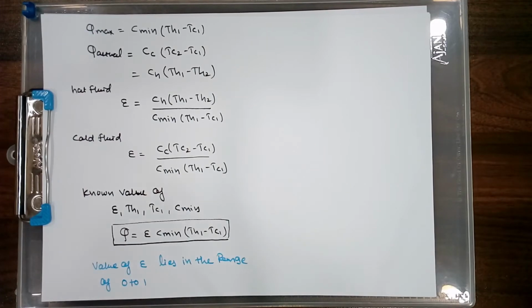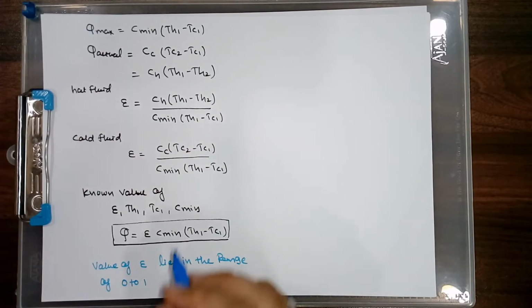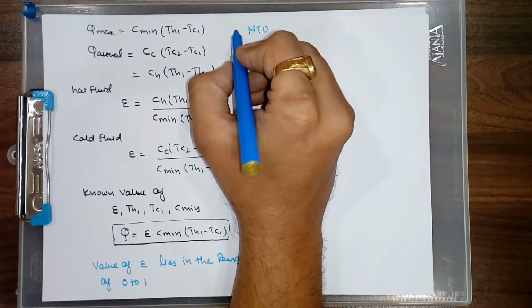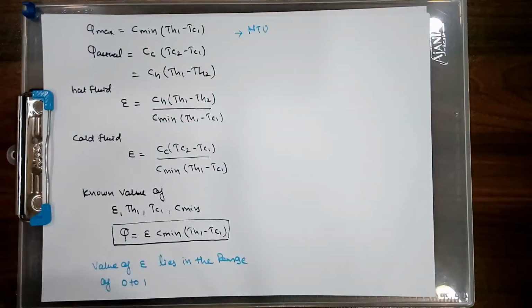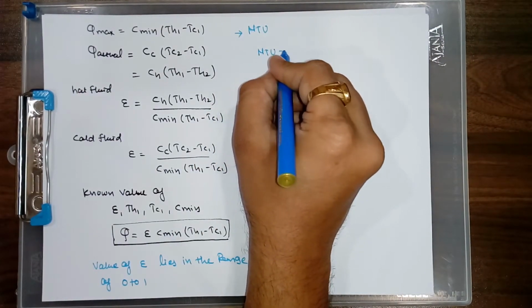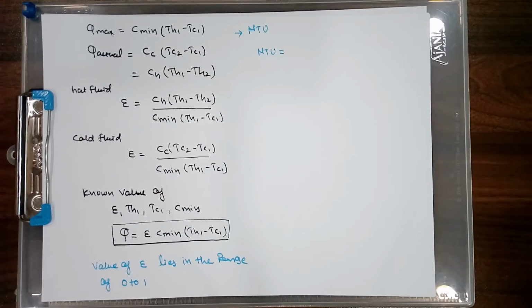Now we go for the number of transfer units, NTU. NTU is defined as the ratio of the heat capacity rate of the exchanger to the heat capacity rate of the fluid.